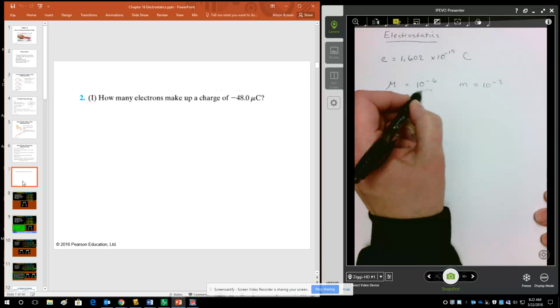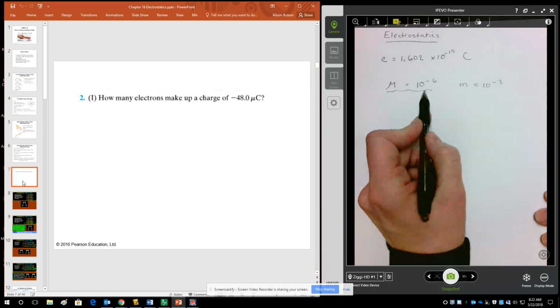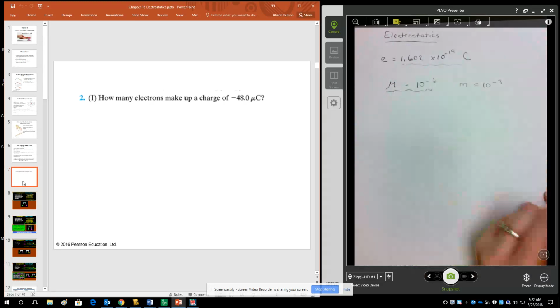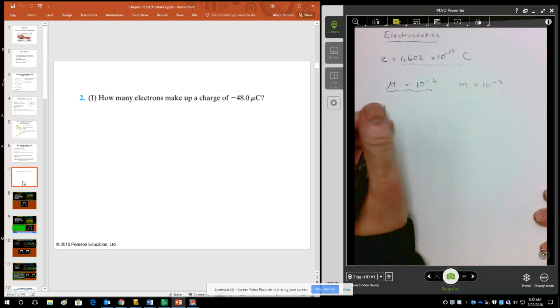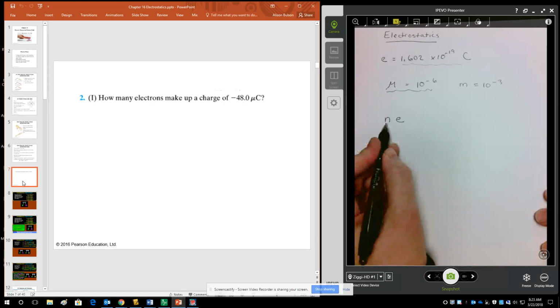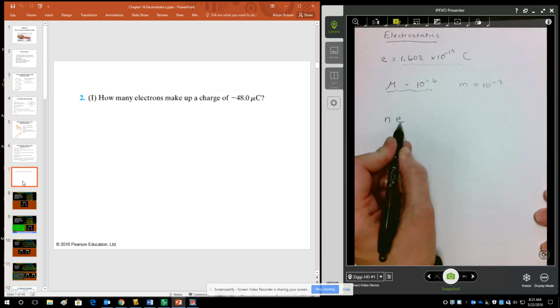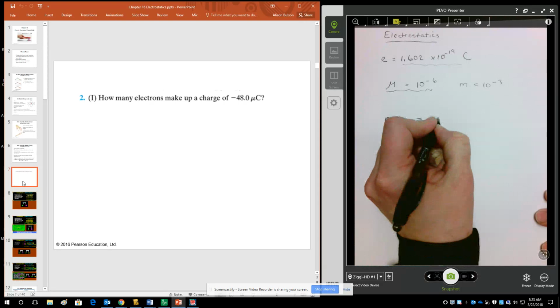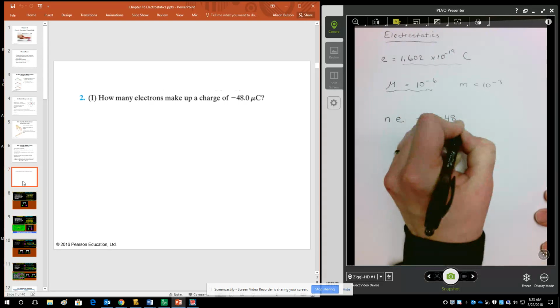So 10 to the negative 6 is a very small number, but the charge on an electron is 10 to the negative 19th, an even smaller number. So we want to know how many times, whole number n, the charge of a single electron equals my total charge of negative 48 microcoulombs.